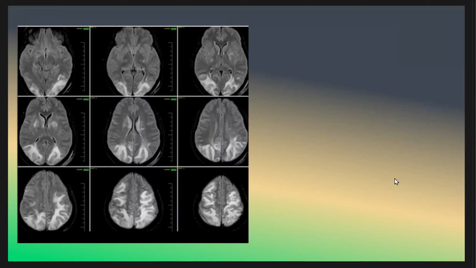Here we have FLAIR images and selected slices of the brain from below the lateral ventricular bodies to the cortex, and we have bilateral symmetric hyperintense vasogenic edema in the parietal, occipital, and frontal lobe, and also some of the basal ganglia.